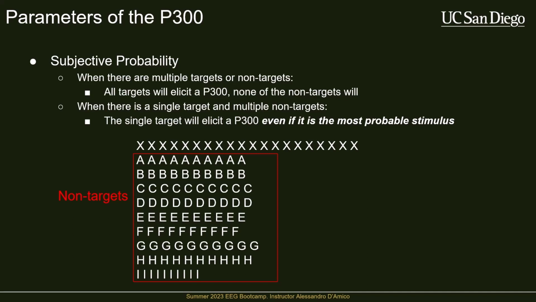I understand the term is a little ambiguous, especially because subjective probability can also refer to something I didn't want to get into, because the P3 is very complicated: if the participant thinks the target is more or less likely, that will also affect the P300 amplitude. So it can refer to multiple things, but this is the classic example. It's the relative distribution of what the participant thinks is a non-target versus what the participant thinks is a target, regardless of the true rates of those stimuli.